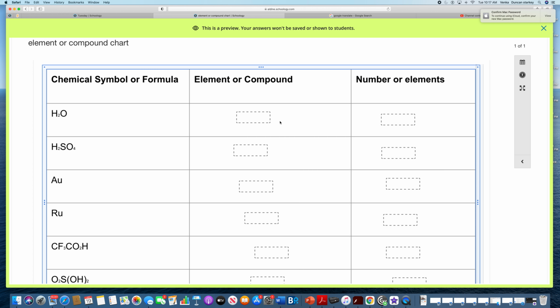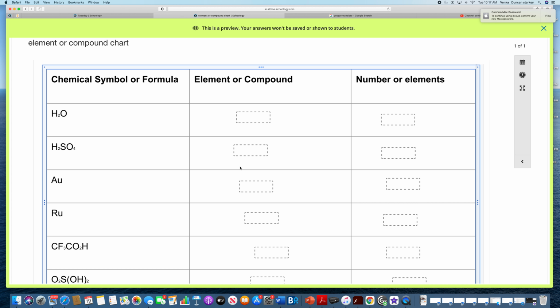For this assignment, you're going to combine the skills that you've learned throughout this lesson. You're going to be counting capital letters to identify how many elements are in a compound, and you're going to be identifying whether the substance is an element or a compound.